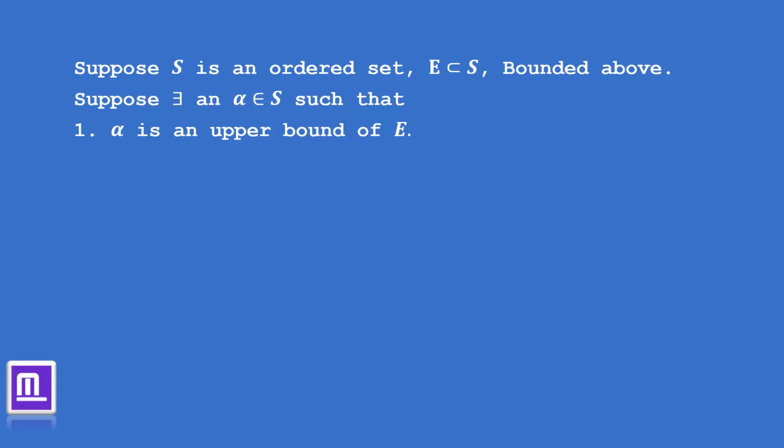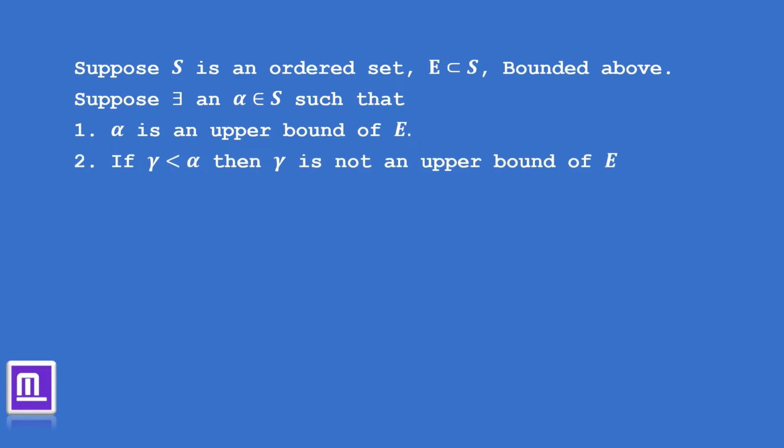When coming to the lesser than or greater than context, alpha should be greater than or maybe equal to every element of E. Then only we can call alpha an upper bound. So alpha should be an upper bound here.